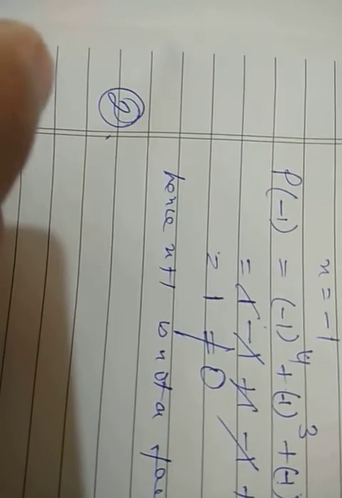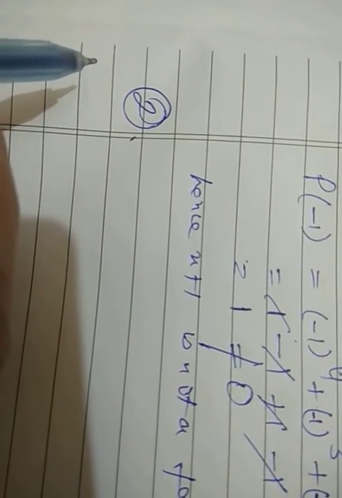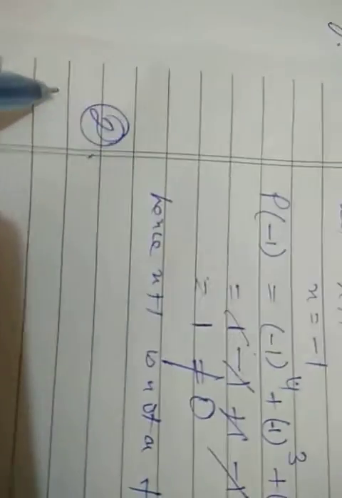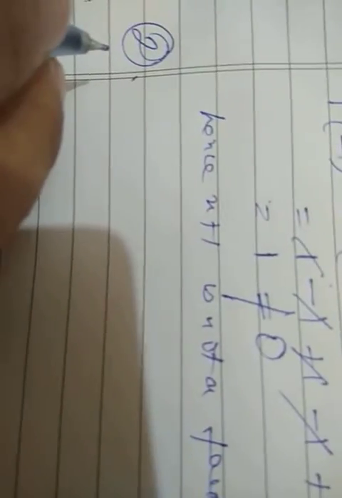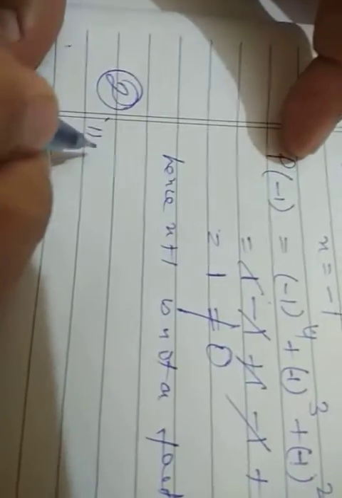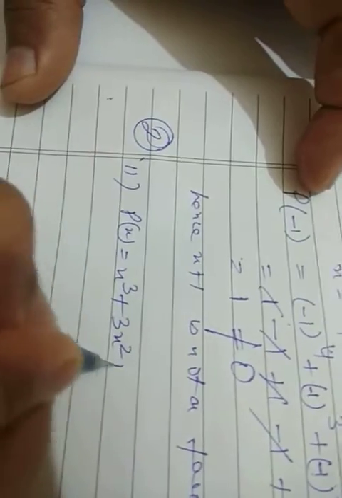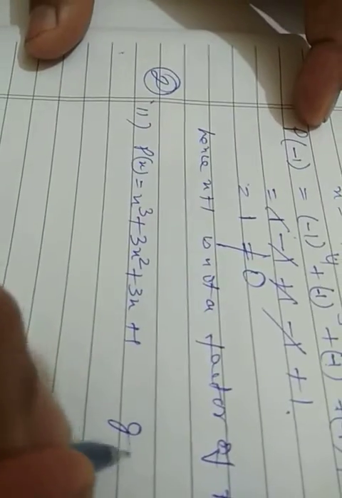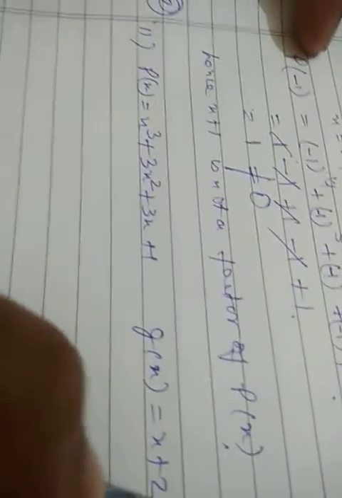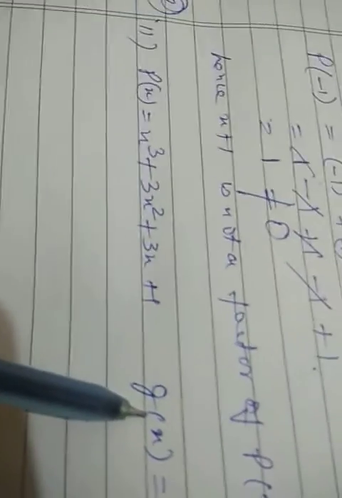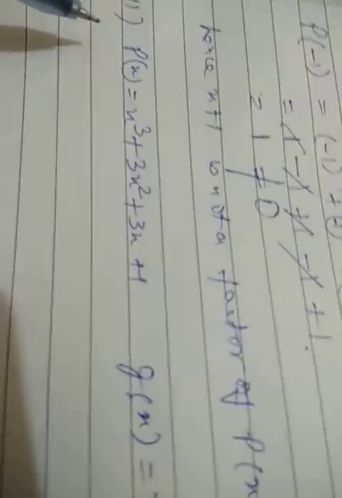The second question: use the factor theorem to determine whether g(x) is a factor of p(x) in each of the following cases. Here also we have to do the same thing. Solve the second part of question number 2. It is given that p(x) is equal to x cube plus 3x square plus 3x plus 1, and g(x) is x plus 2.